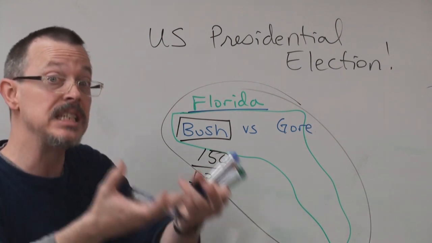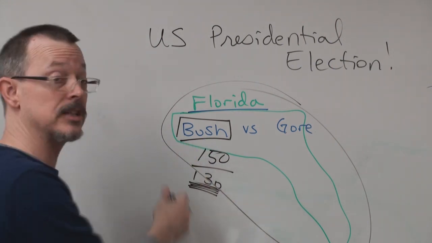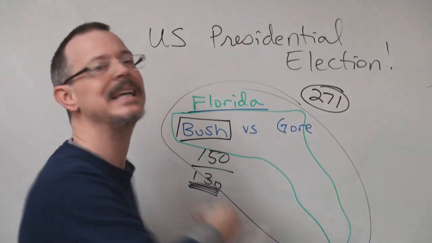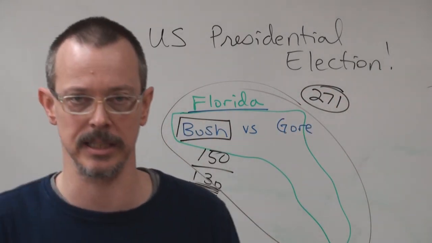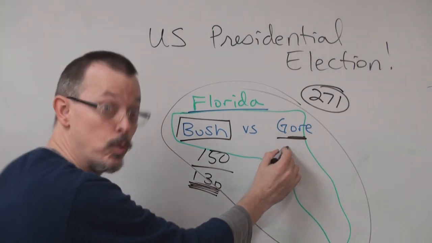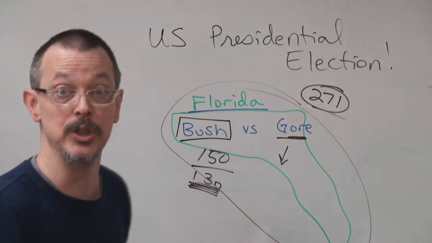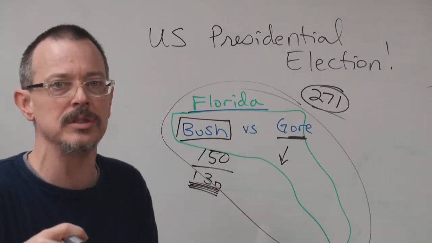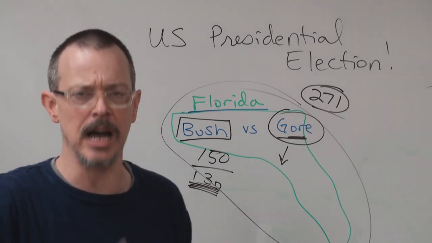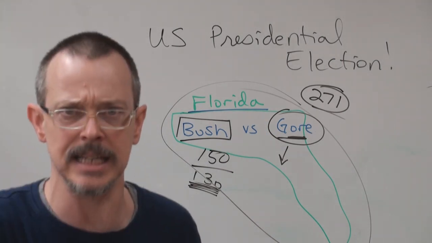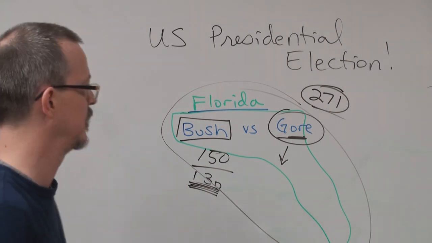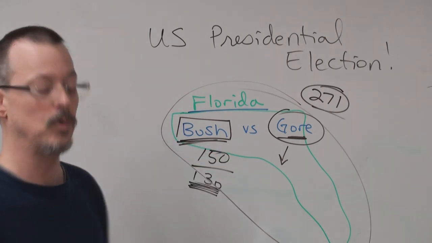And because he received all of the electoral votes, I think he had 271, he became the US president. So if Gore had won, he would become US president. They're so close. That's why Gore kept asking, let's count again, let's double check. But Bush won.